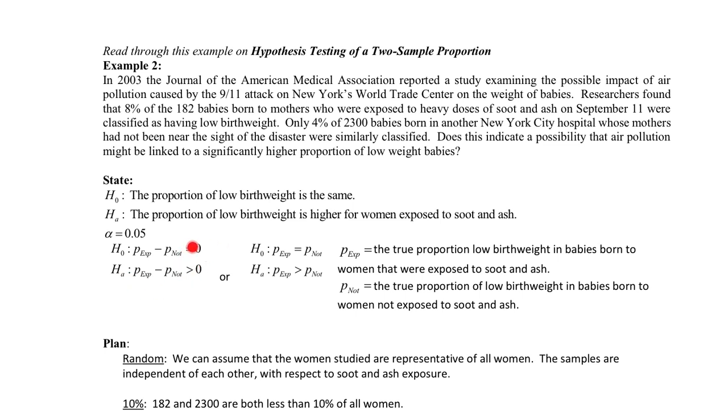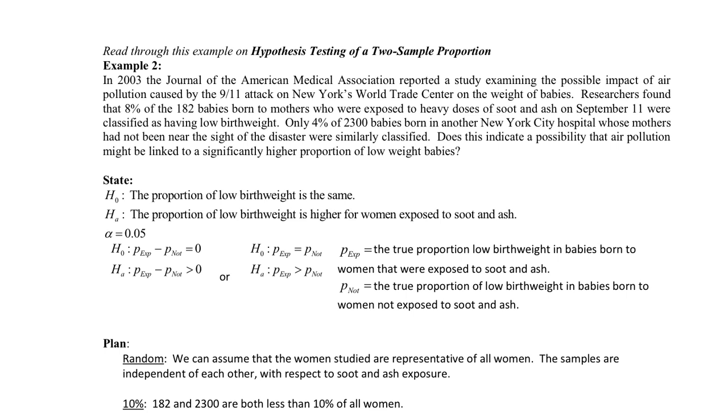Now, of course, we're going to get a difference. Is it big enough? Is it statistically big enough? Here, we're going to say that those exposed minus those that are not exposed, that difference is greater than 0. Wait a minute, wouldn't that be less than 0? I did not write this one, so I'm just double checking here.